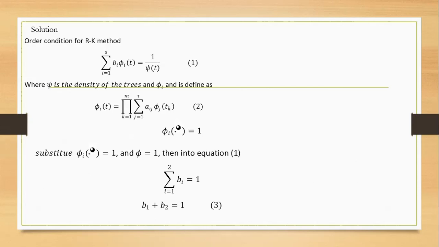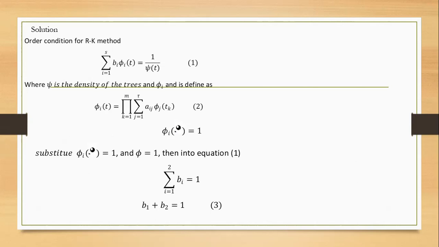Then if I substitute everything into equation 1, my problem is two-stage Runge-Kutta. That is why my S is going to be 2. I'm working with two-stage, so S is 2. Then I'm going to have the summation from i equals 1 to 2 of bi, and my epsilon i is equal to 1.